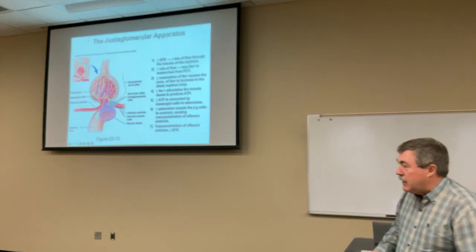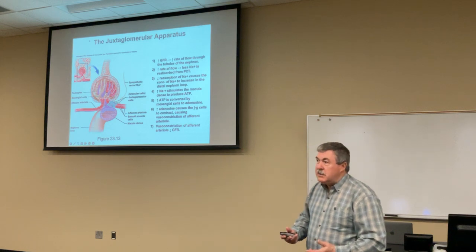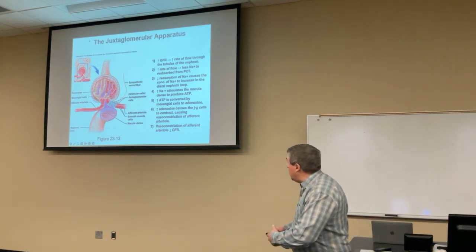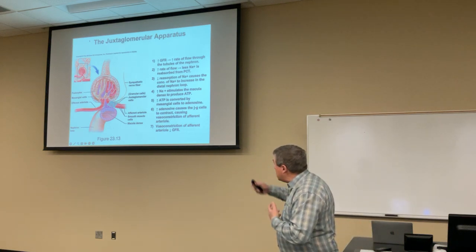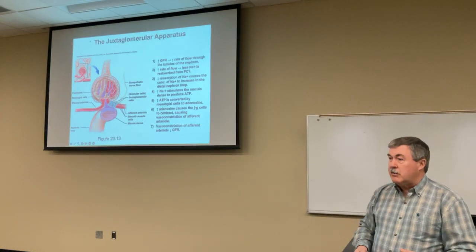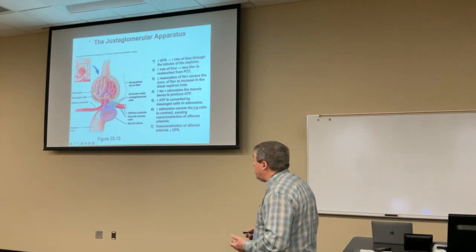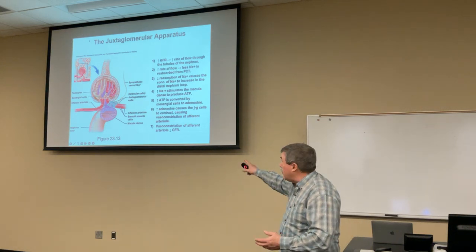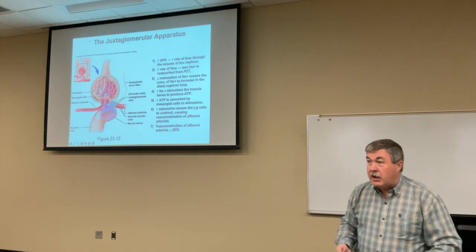I'm not going to ask you what are the molecules that signal the mesangial cells to produce adenosine, and what the compound is that stimulates the JG cells. I just want you to understand how it works in general. All right. So this is another form of autoregulation, but it involves a little more complex mechanism that's part of the nephron.